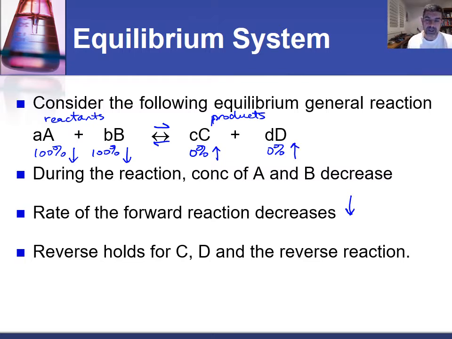And so the rate of the reverse reaction, which initially is 0, it's not happening at all, starts to increase as well. And we get the products reforming the reactants. Now, at some point, the rate of the forward reaction is equal to the rate of the reverse reaction, and that's what we've called equilibrium.